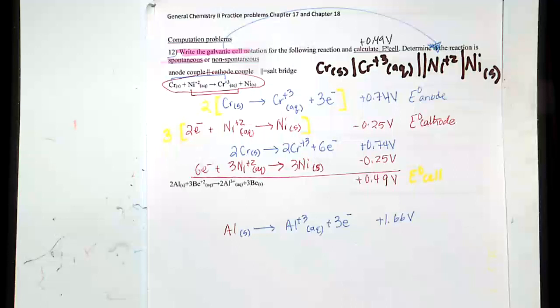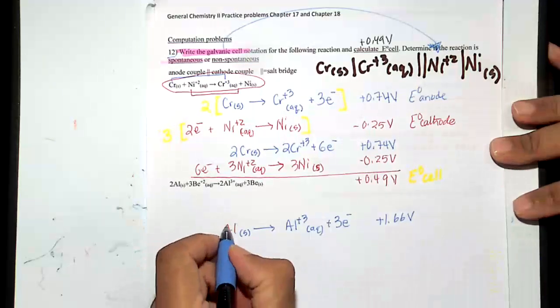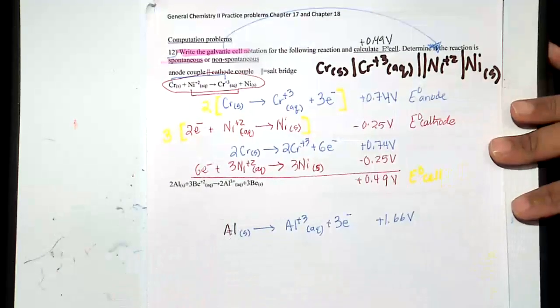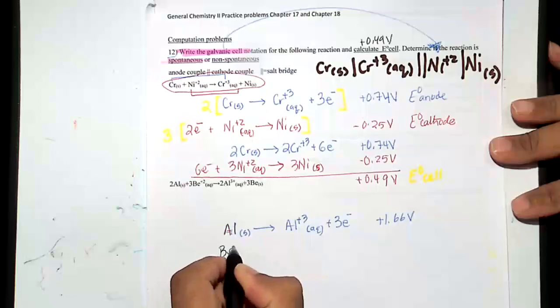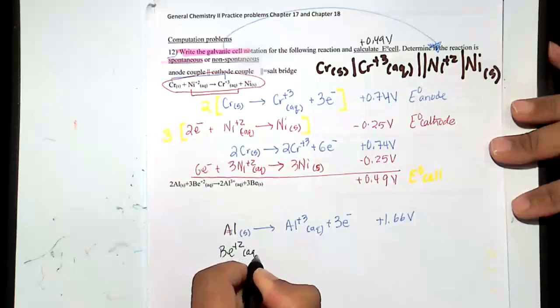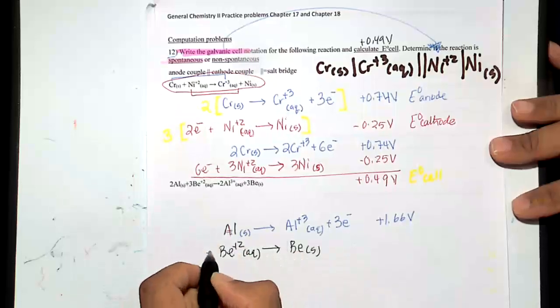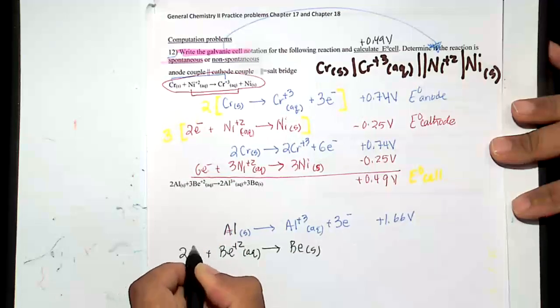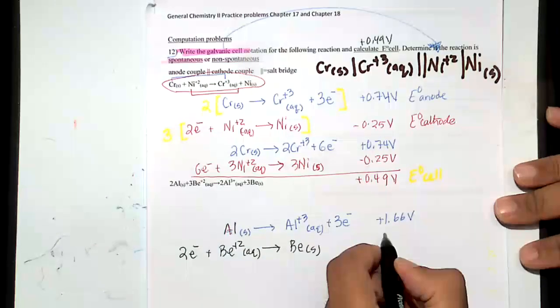And then we have beryllium going to beryllium solid. Okay, this is two electrons on the product side, and beryllium here is negative 1.85 volts.